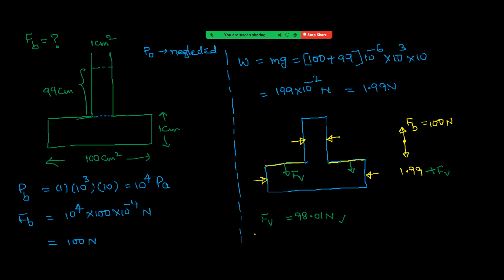Even in that we have taken the liquid in equilibrium. So the force by the bottom of the vessel and the force by the curved part; in that way, we got the calculation for the force by the curved part of the vessel on the liquid. So both are the same kind of problems. I hope you got clarity.